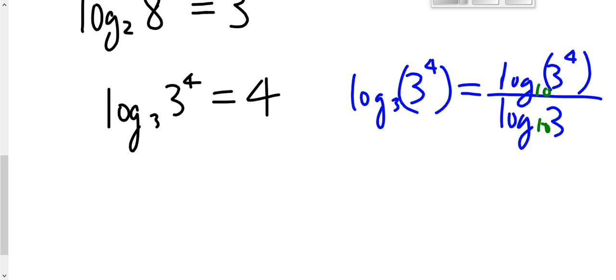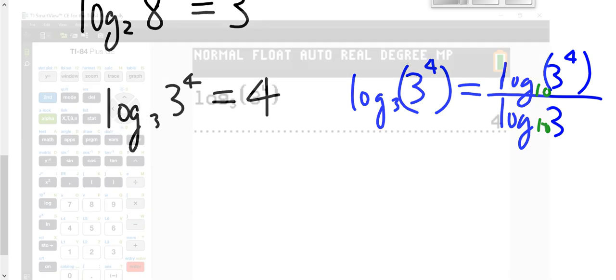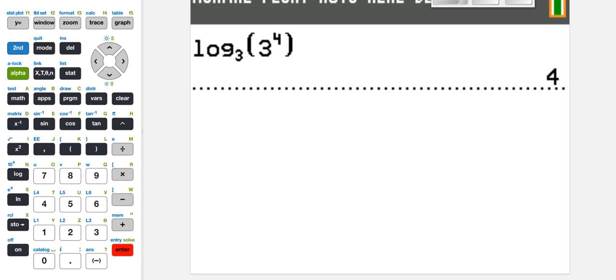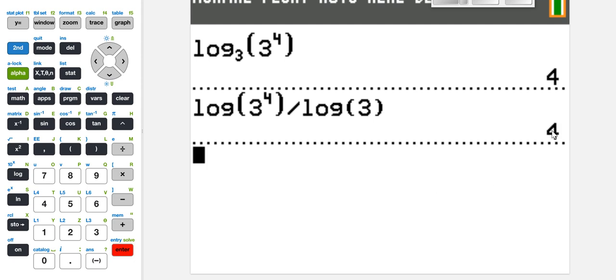So quickly do this on your calculator. Log 3 raised to the power 4 divided by log 3, close bracket, enter. Look at that, same thing.